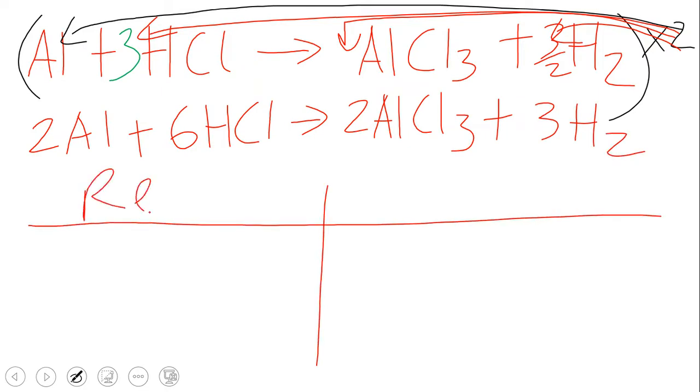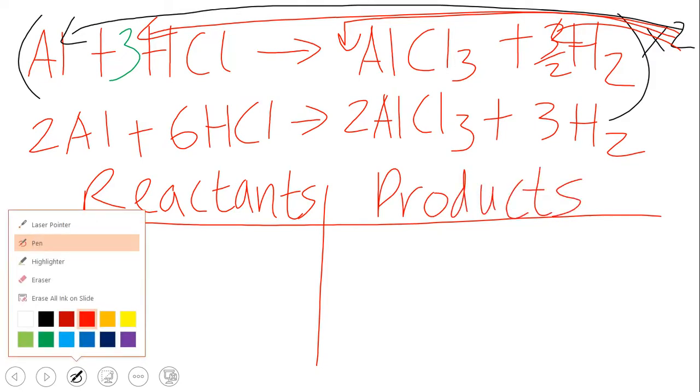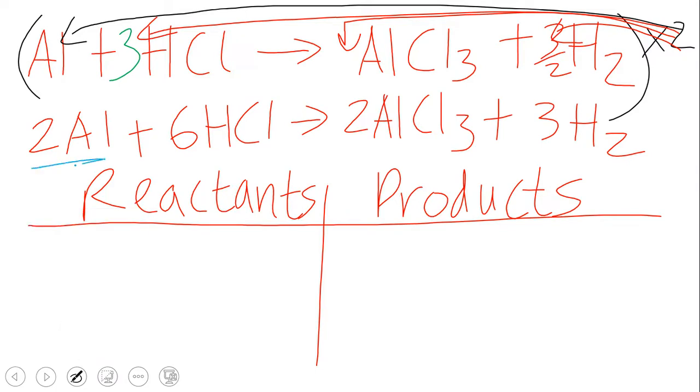We have the reactants and we have the products. Now for the reactants, notice that for Al we have 2. So Al is 2. Here we have Al being 2 as well.